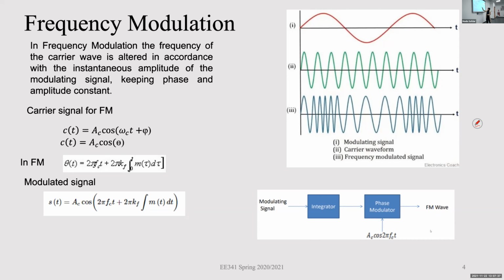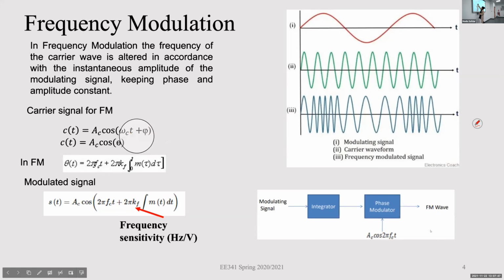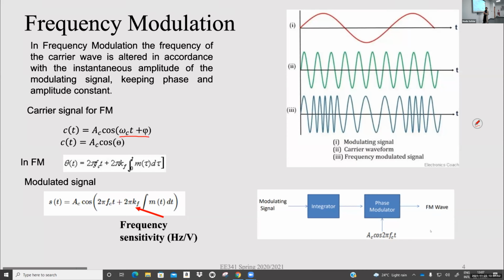So this is your carrier signal, A_C cosine of omega_c t plus phi. This is the change in the phase. We can write all this as theta, because cosine of theta. So theta is equal to omega_c t, where omega_c is 2 pi f_c, plus phi, which is equal to 2 pi k_f times the integral.